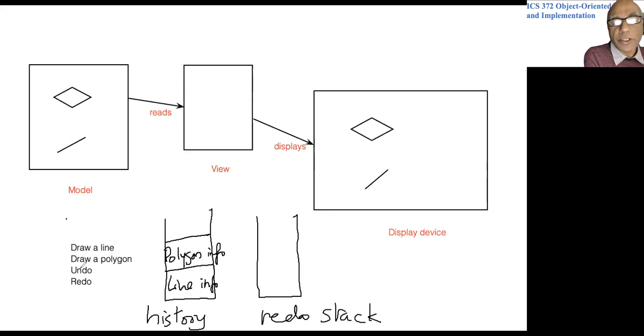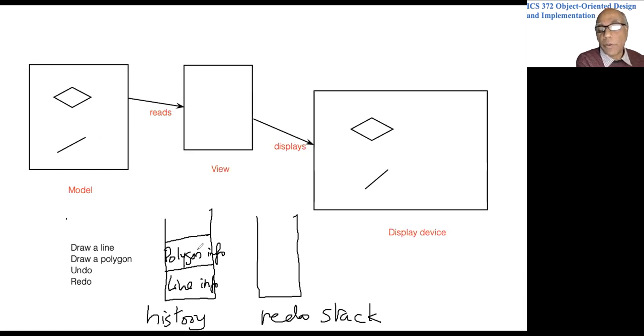The third operation that we get is to undo, which means we need to remove this polygon from the model. And the process is to look at the top information in the history stack, and look at the polygon info. This info is used to remove this polygon.